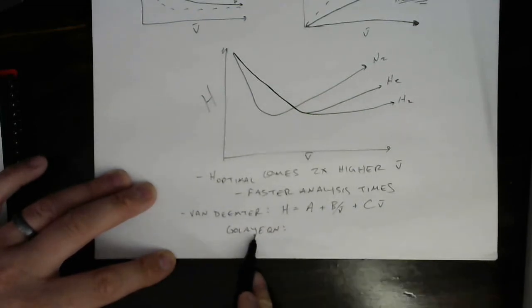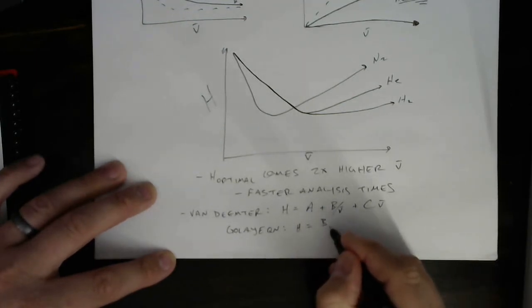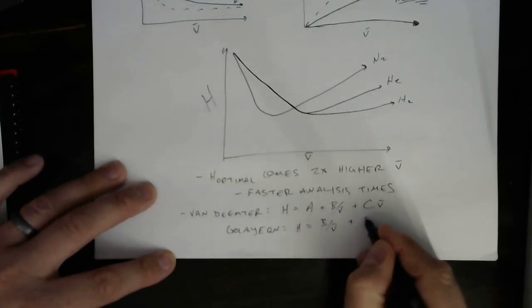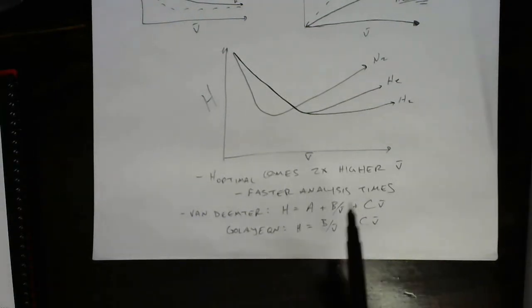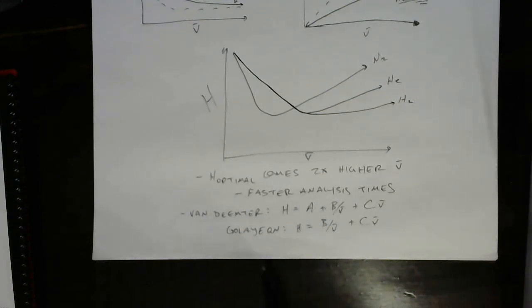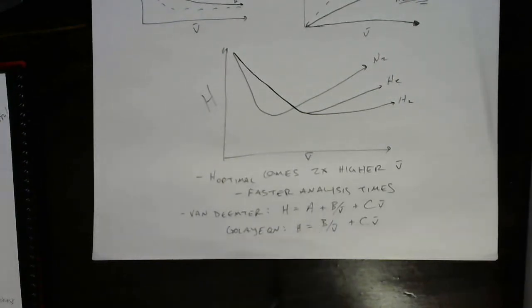That's supposed to be 2 words, Golay equation, which is pretty predictably B over V plus C times V, no A term. So this is one of the reasons why, if GC is going to work for you, you should use it, because you're going to get much better plate counts, at least in part due to the lack of that A term.